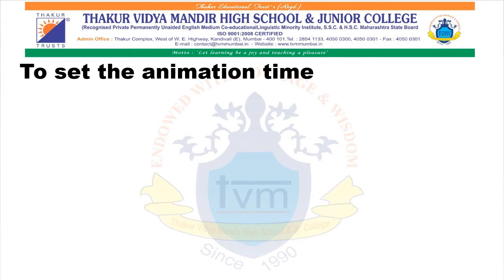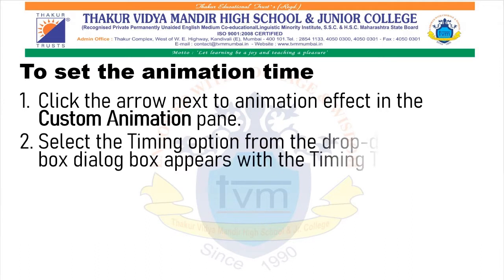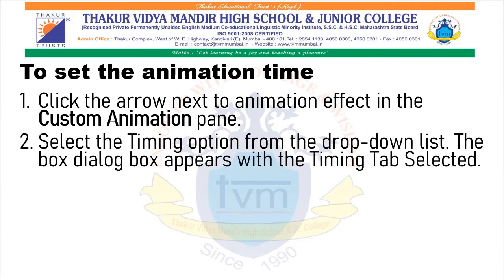The first thing, click the arrow next to the animation effect in the custom animation pane. Second step, select the timing option from the drop down list and the dialog box appears in which the timing tab is selected.